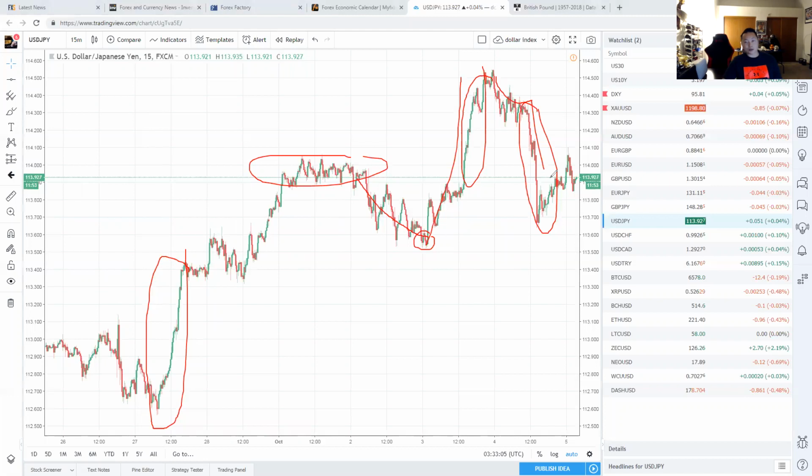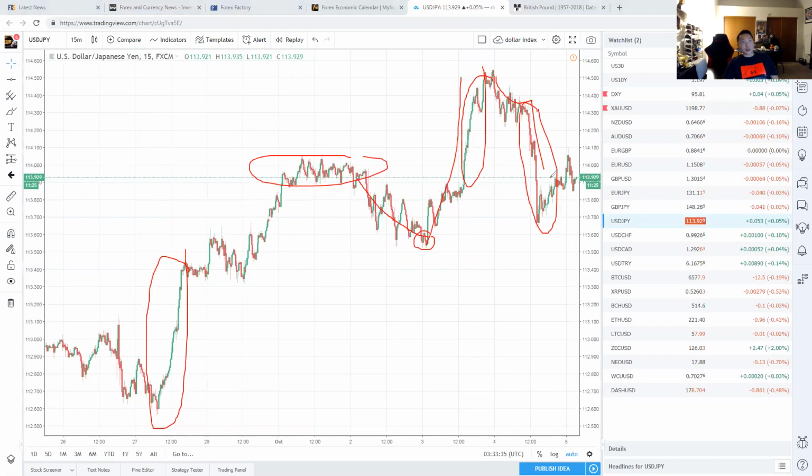If you guys get what I'm trying to say here, I'm trying to make it as simple as possible for you guys to understand. But if you're brand new, you're not really gonna understand it much. If you're brand new to the markets for a couple of months and you don't know the terminology or the definitions, I would suggest reading up on that so you know your terms and definitions in Forex.